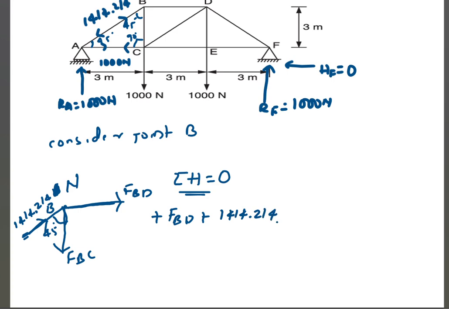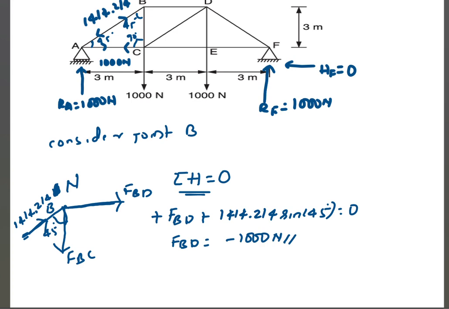After resolving towards horizontal, this will become sine of 45 degree. Sine of 45 degree is equal to 0.707. So FBD is equal to minus 1000 Newton. So you got the value of FBD.